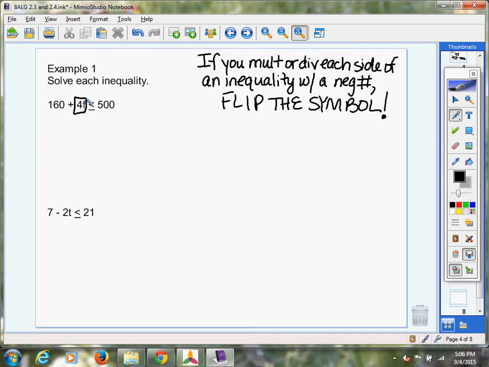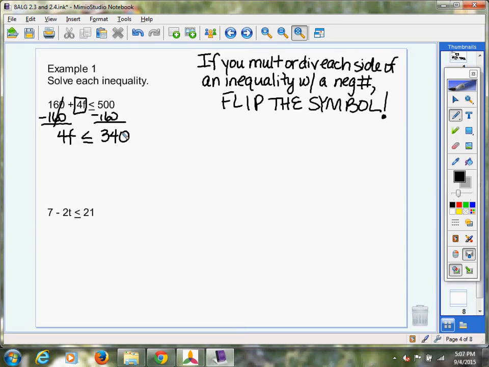Can't do anything with the 4 in front of the f until you get anything that's added to or subtracted from it away over to the other side. So we really need to deal with that 160. So we're going to take away 160 from each side. So we're going to have 4f, just drop everything down, is less than or equal to, and then we need to do 500 minus 160, which is 340.